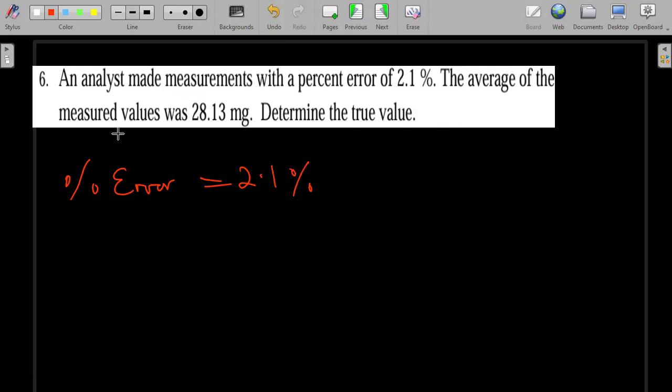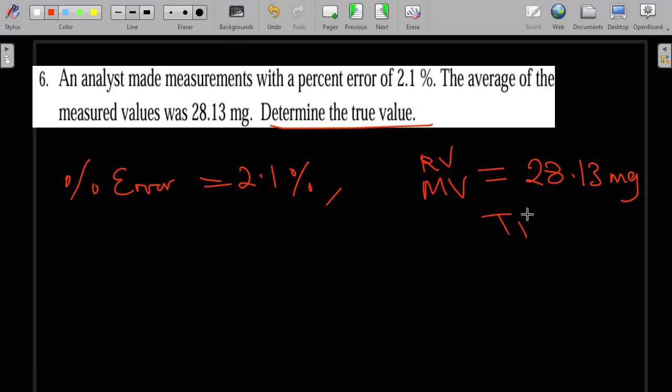The average of measured values was 28.13 milligrams. The average of a measured value simply means the measured value, or the recorded value. So the recorded value was simply 28.13 milligrams, and they're asking us to find the true value, or the actual value.